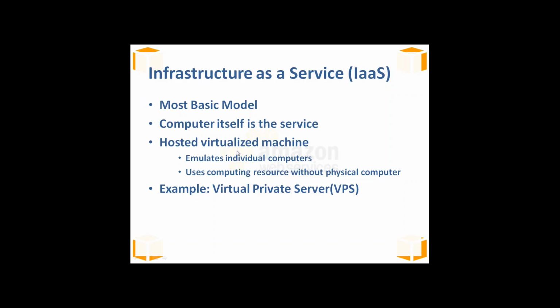It emulates individual computers and uses computing resources without any physical computer. For example, almost all virtual private servers. Today, when they talk about a server in an organization, the server wouldn't exist in the organization.